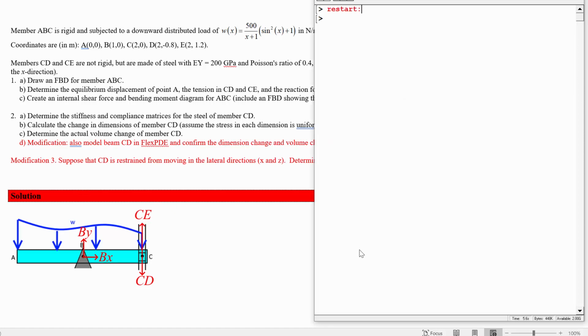Okay, so let's go ahead and start solving this problem. First thing we're going to need to do is put in the distributed load, and that is W equals 500 over x plus 1 times sine of x squared plus 1. Okay, and now we can start typing out our equations. We're going to have 3 equations from Newton's second law.